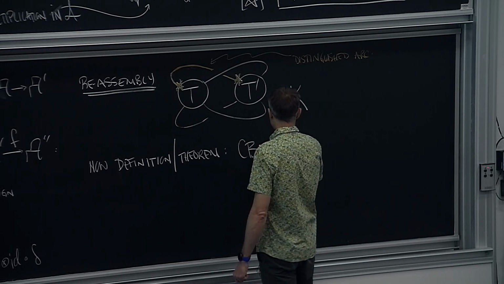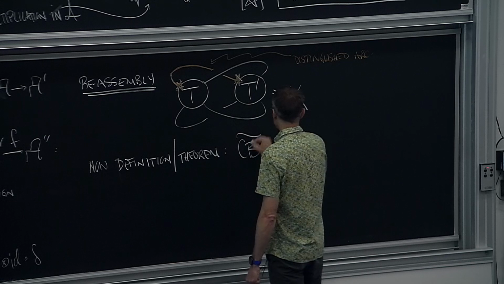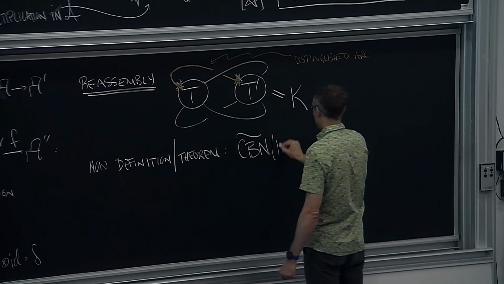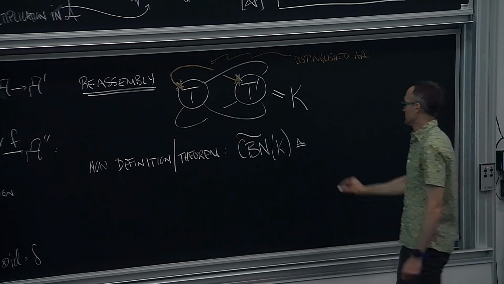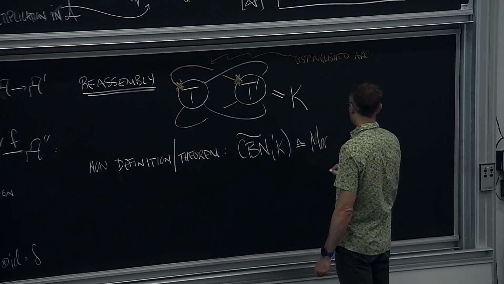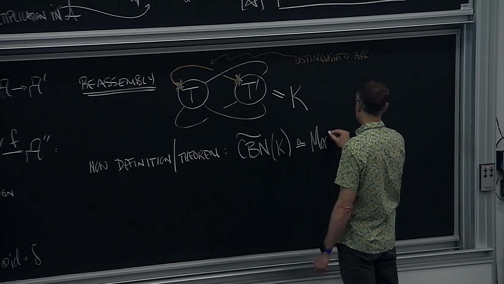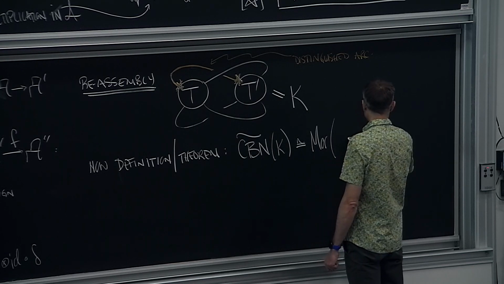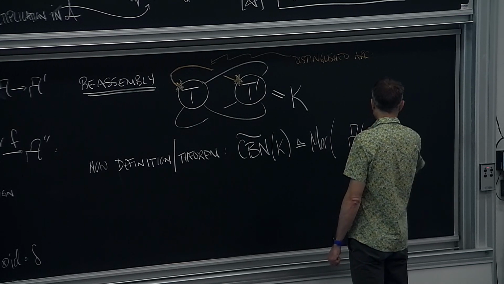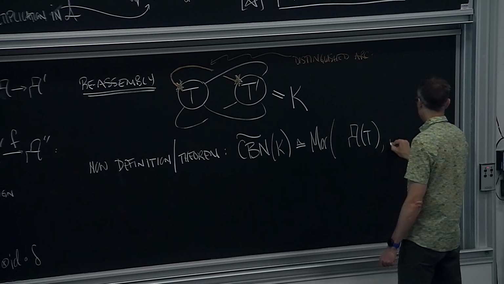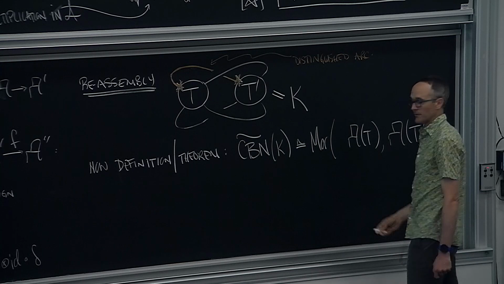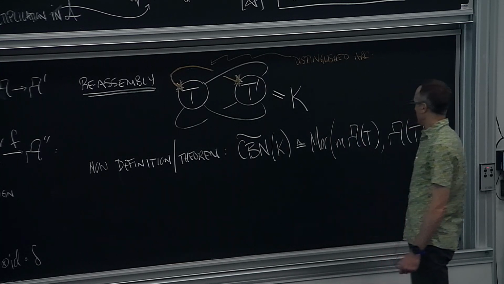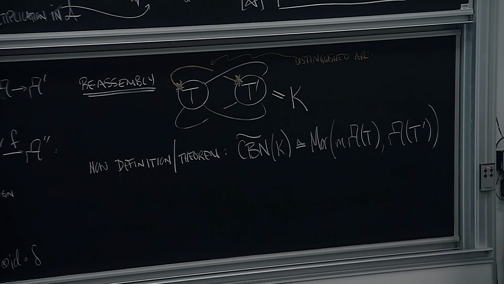If I want the Bar-Natan chain complex for my knot K, then that's the same as looking at the type D morphisms of the type D structure for one tangle and the type D structure for the other tangle, with a funny wrinkle that I need to do something to one of the two entries.